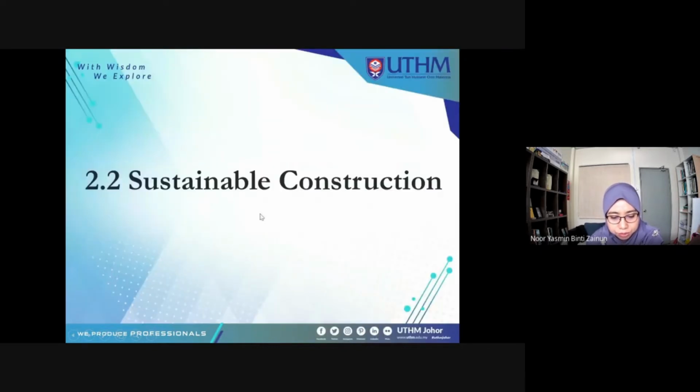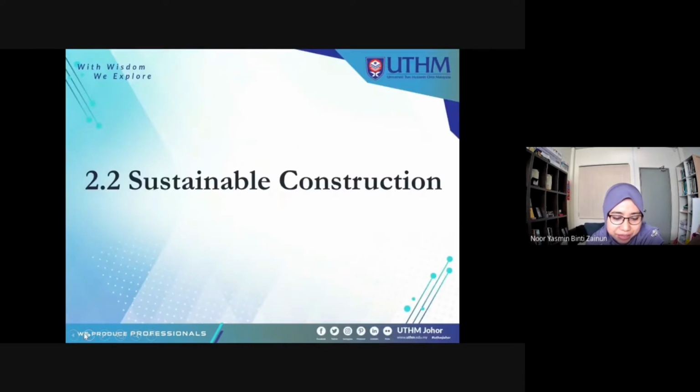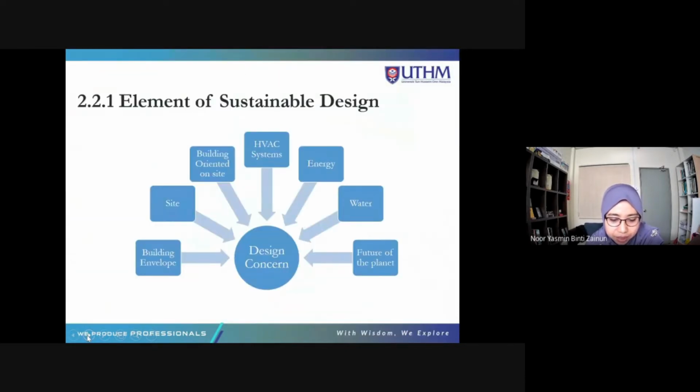All right, we go to sustainable construction. In sustainable construction, we have these elements in design, which are building envelope, site, building orientation, HVAC system, heat, ventilation and air conditioning system, energy, water, and the future of the planet.